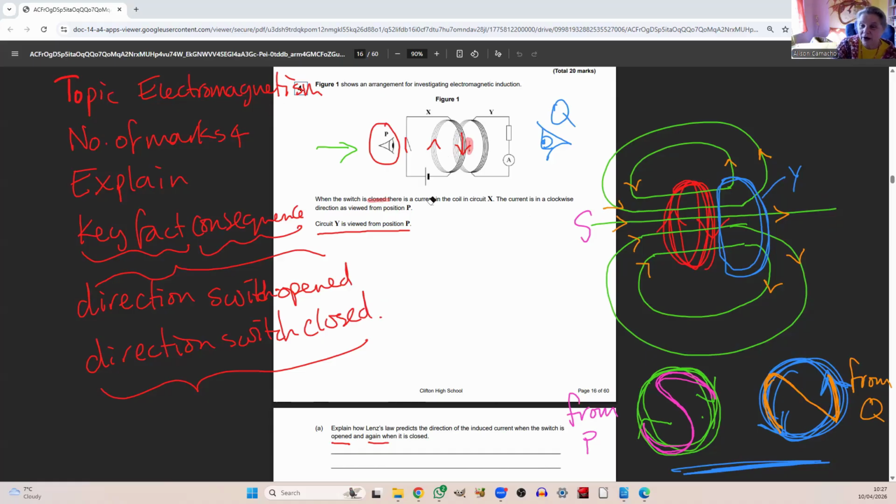So the Y coil will create a current in the direction that makes a North Pole this end and a South Pole this end of the Y coil. In other words, it's going to try and push that North Pole away from the X coil.